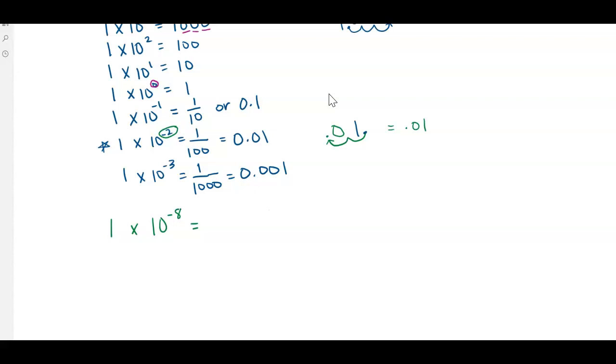So that negative 8 is telling you what? Somebody just unmute yourself and tell me what you think. Is that negative 8 telling you to move? I think the way I see it is that if you count all of the zeros, including the one in front of the decimal, then it'd be 8 zeros and then the 1.